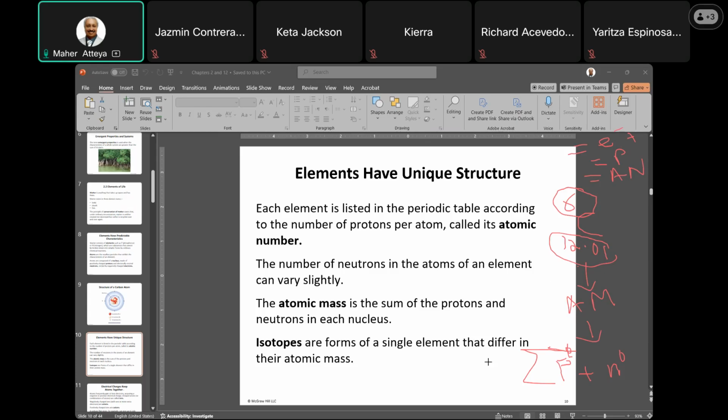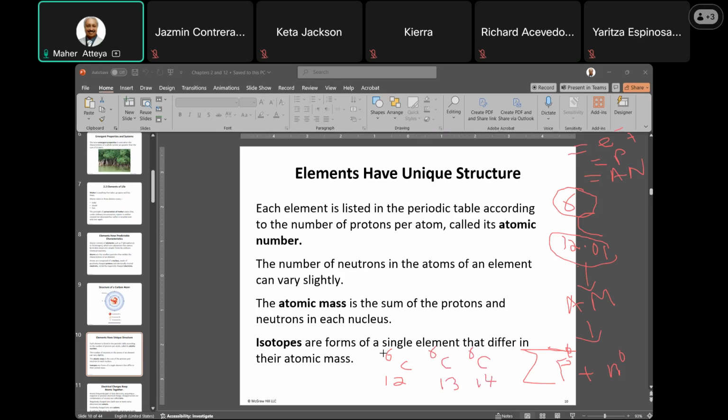Now an isotope. An isotope is a form of an element found in nature with a different number of neutrons. For example, carbon has 6 protons all the time, not changing, and here is 12 atomic mass. But we also have carbon 13 and carbon 14.